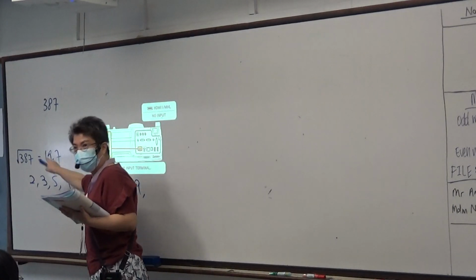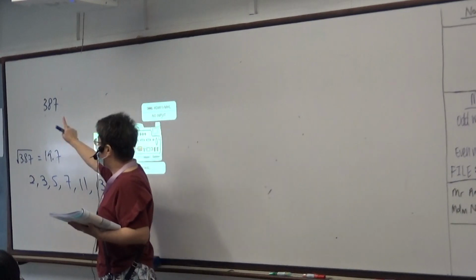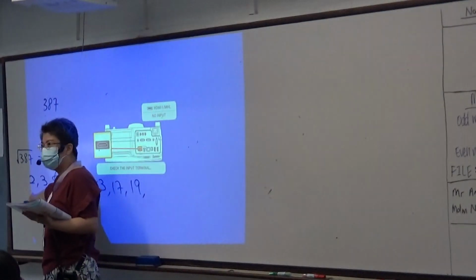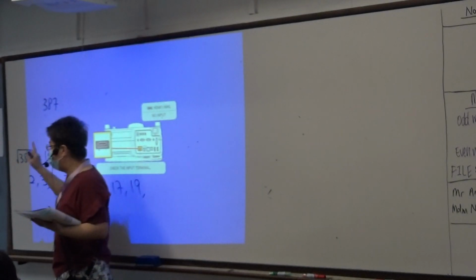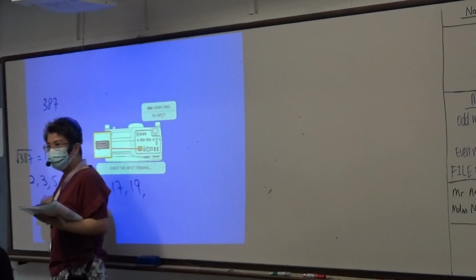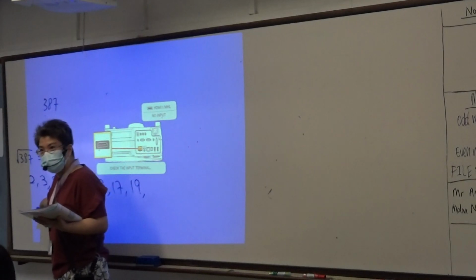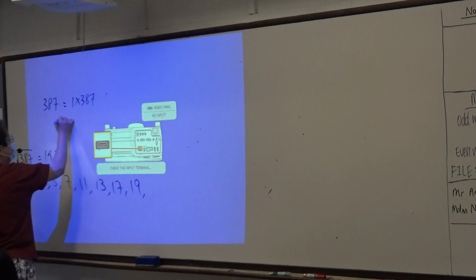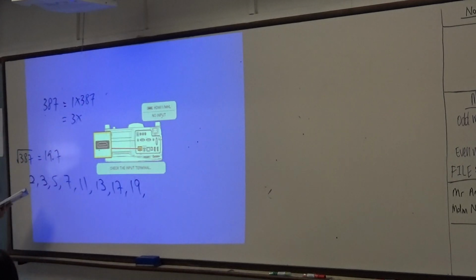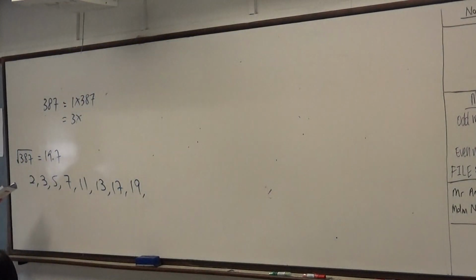Do you understand? Okay, I want all of you to calculate. What is 387 divided by 2? Is it a whole number? No. Then take 387 divided by 3. Is it a whole number? Yes. So that means this is 1 times 387, 3 times 129. What does the calculator say? 3 times 129.